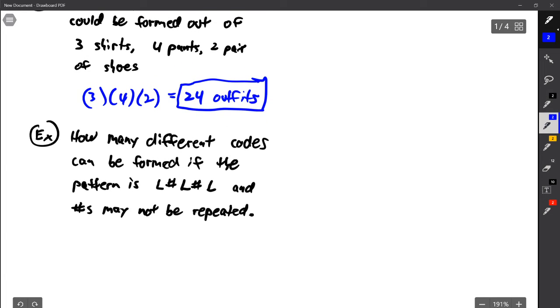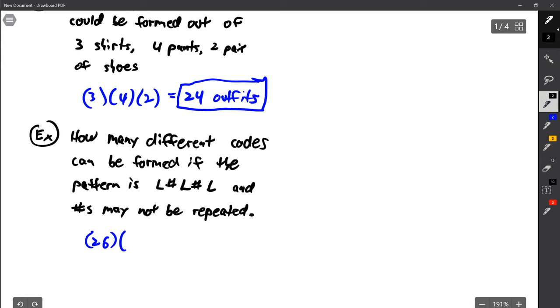Okay. So here it kind of affects it, but we can just still look at how many different choices we have. So for the letter, how many choices do we have for that first letter? 26. How many choices do we have for the first number?